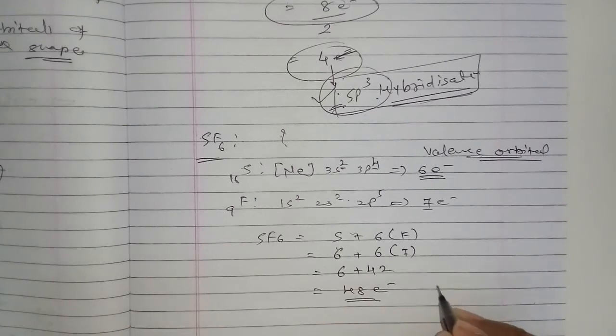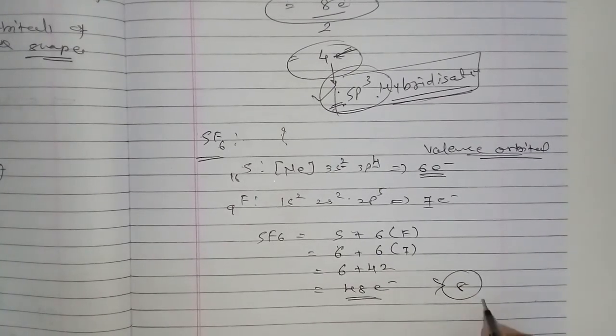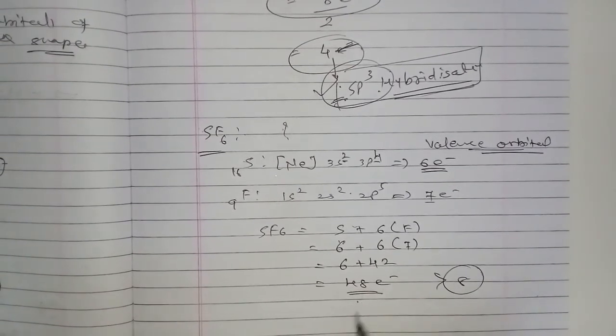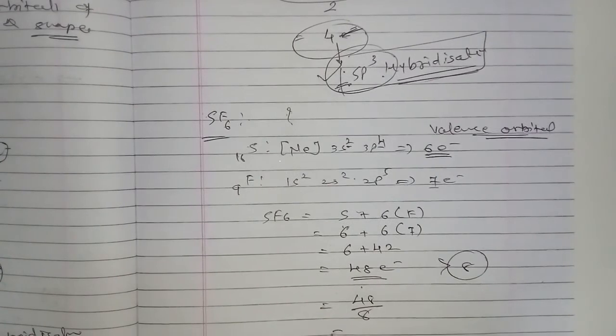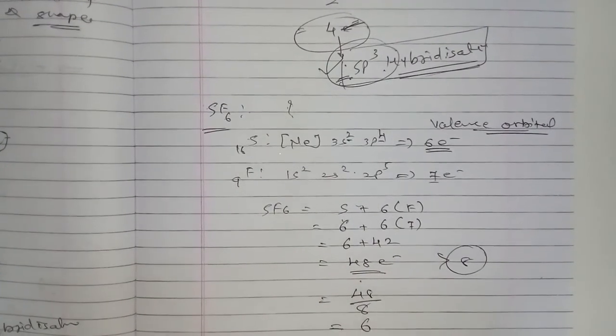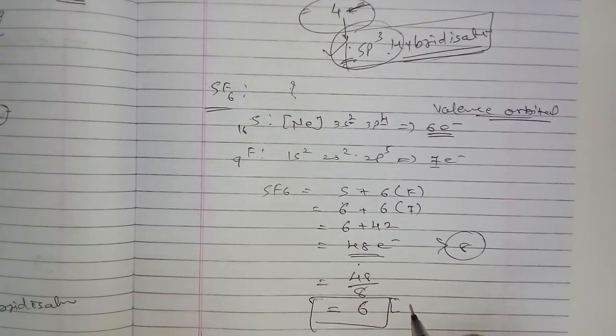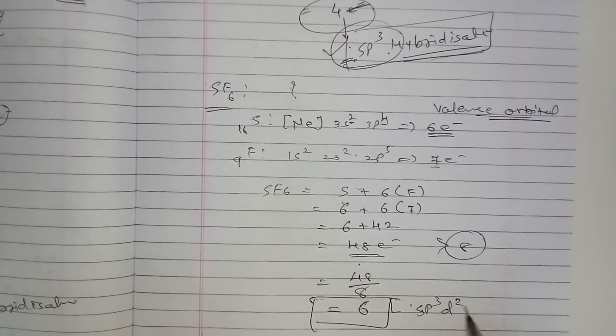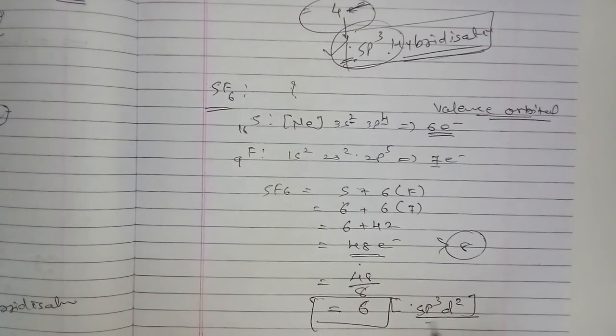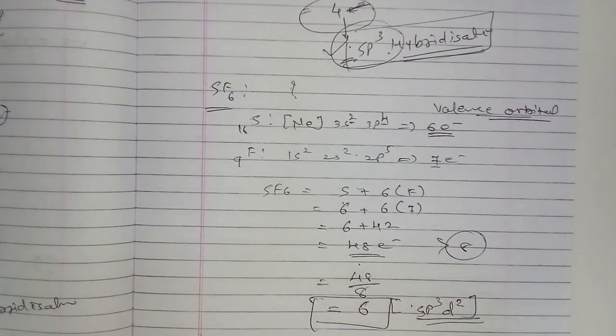It is greater than 8, so we divide it by 8, and our answer is 6. According to the total of 6, our hybridization is sp3d2 hybridization.